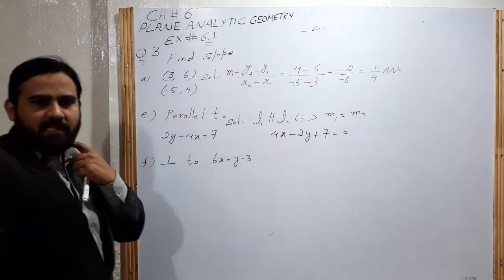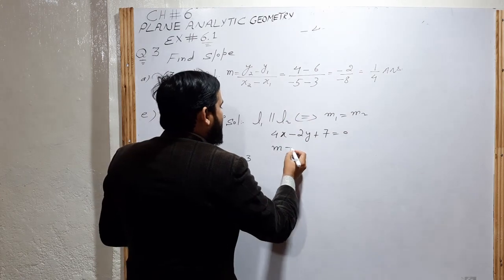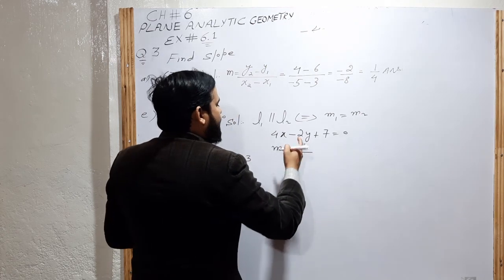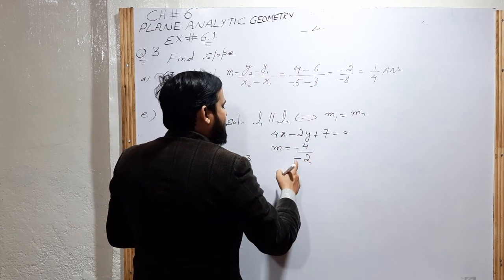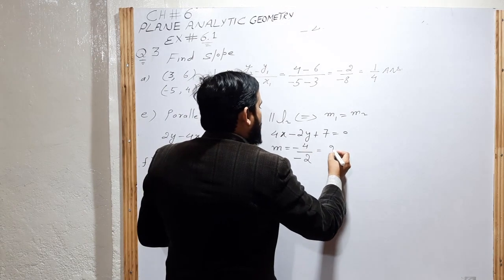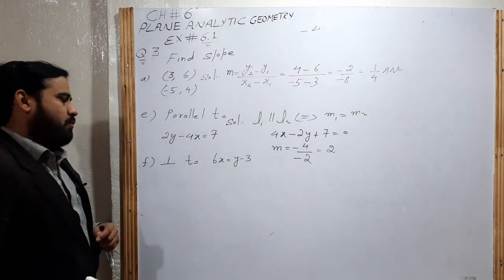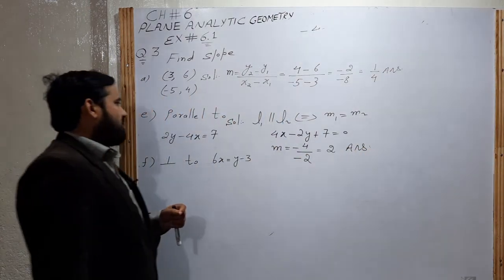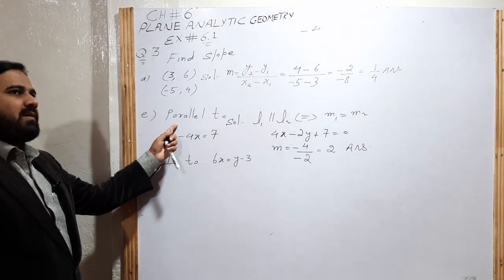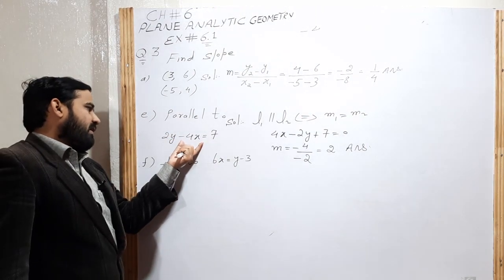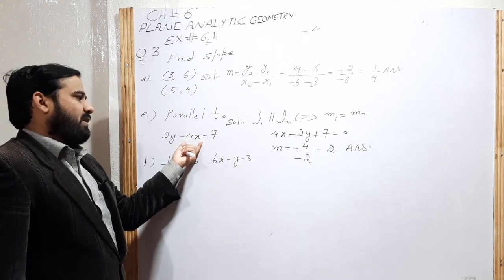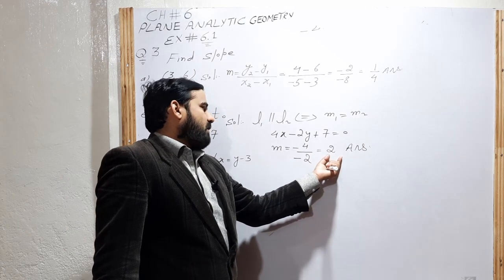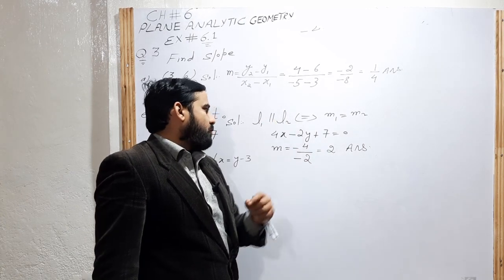If the line equation is given, then the slope formula is m = -a/b, where a is 4 and b is -2, so this is 2. So the slope in this case is 2 and the required answer is also 2, because we need the slope of a line parallel to this one. If two lines are parallel, both have the same slope, m1 equals m2. So the slope of the required line is 2.